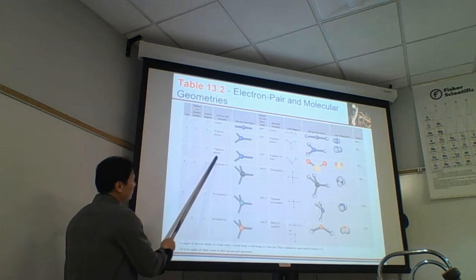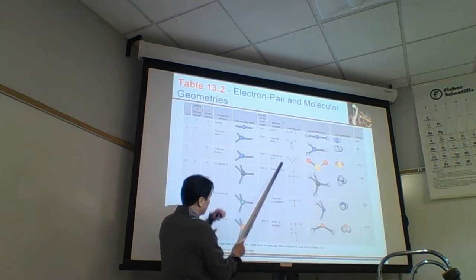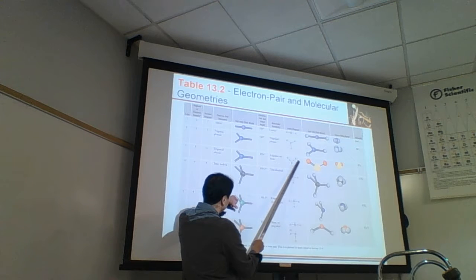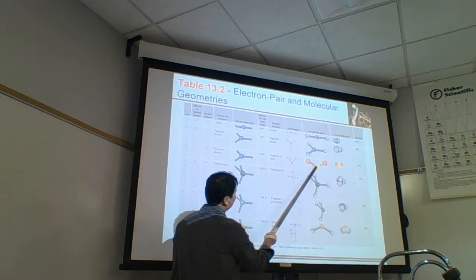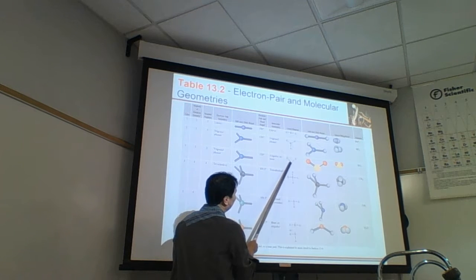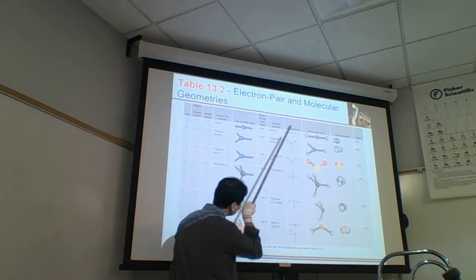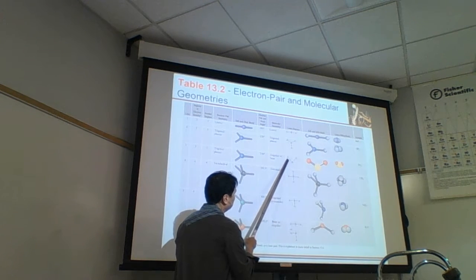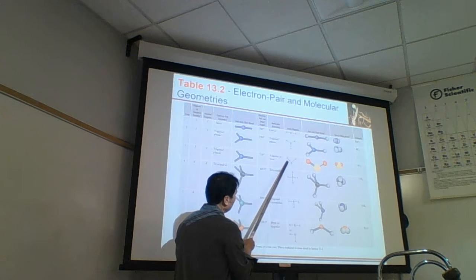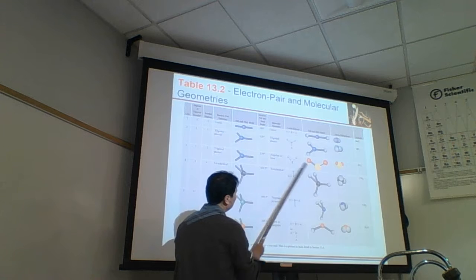However, if I have 2 bonded atoms and 1 lone pair, like in SO2, I have a double bond here, a single bond here. That would be what we call angular or bent.